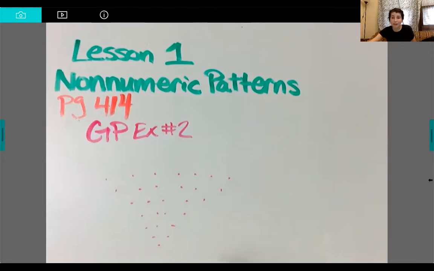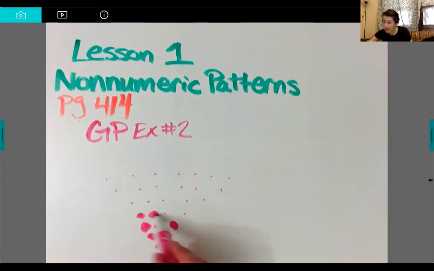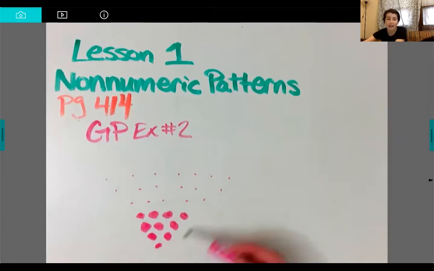This pattern with the billiard balls, each row grows by 1 figure every time. So row 1 here has 1 figure. Row 2 had 2 balls. Row 3 had 3 balls. And row 4 had 4 balls. And it keeps increasing the number of balls, the number of figures in this pattern.